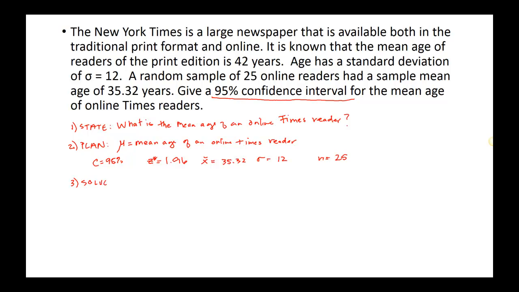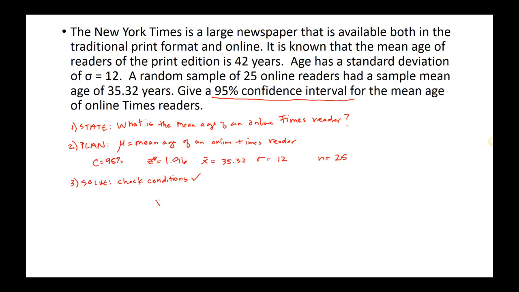All right, step 3, solve. First thing we do under the solve step is check our conditions. Now this is the same exact data that we were dealing with in the previous problem, so we've already checked these conditions. If this was a brand new problem, then we would need to go through the whole process. But since it's a continuation, I'm just going to say check, done that already. So then we can go ahead and construct our interval.